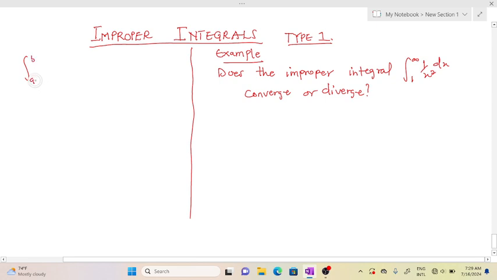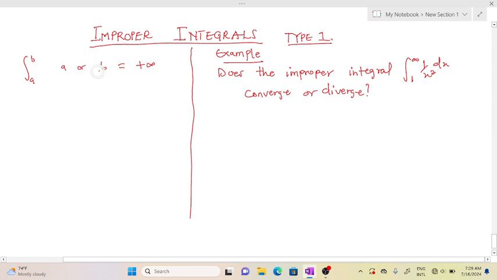In cases where a and b are finite, we say that our integral is proper. But we have situations where either a or b happens to be positive or negative infinity. In this situation, we say it is an improper integral. You are summing to infinity or you are summing from negative infinity. That is the concept of an improper integral.